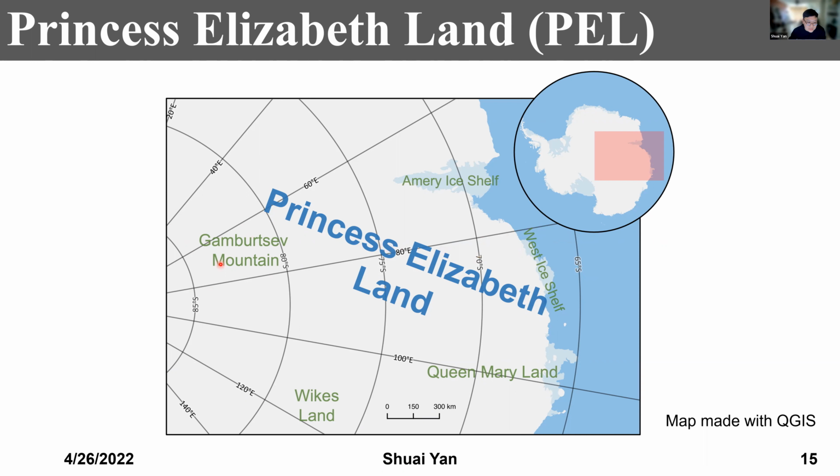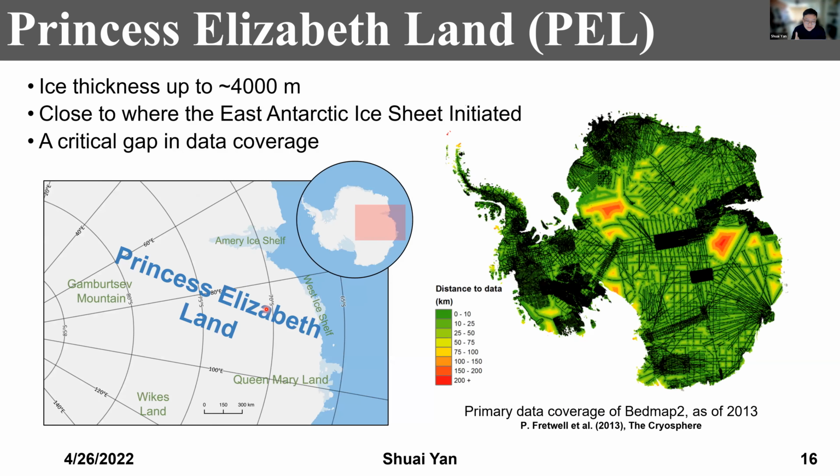It's right next to the Gamburtsev Mountains and Dome A, where some studies have proposed that this location is where the East Antarctic ice sheet initiated. And the ice thickness currently in PEL is up to about 4,000 meters.